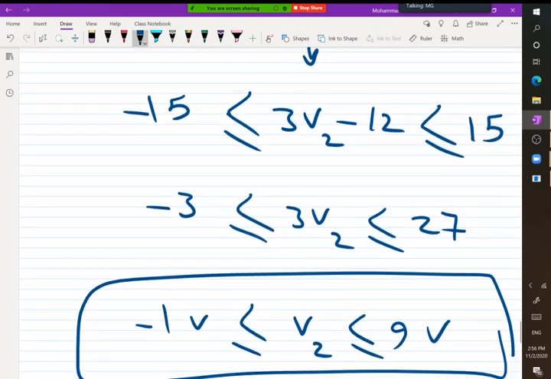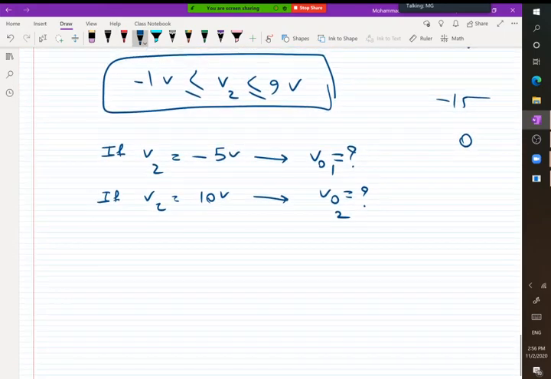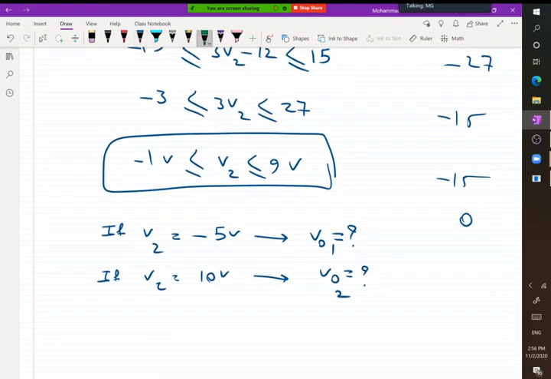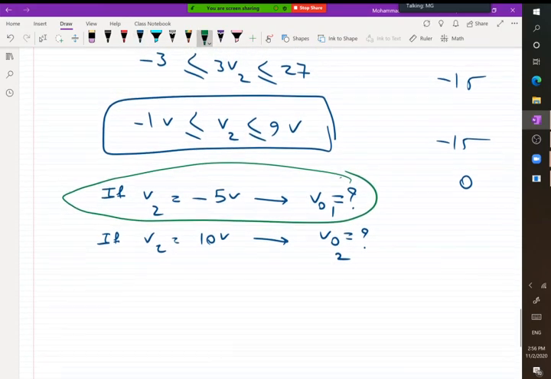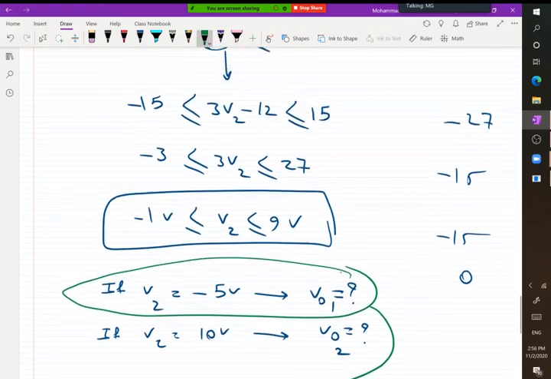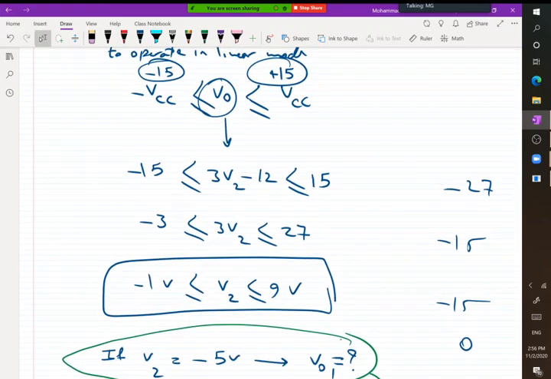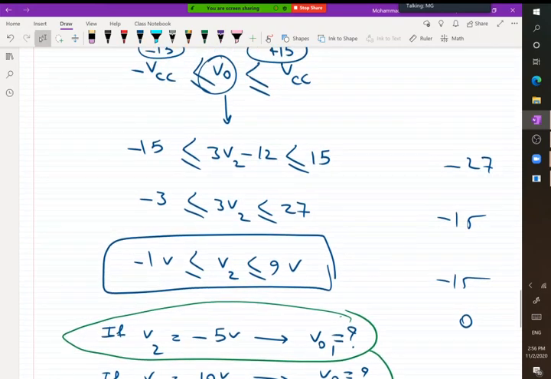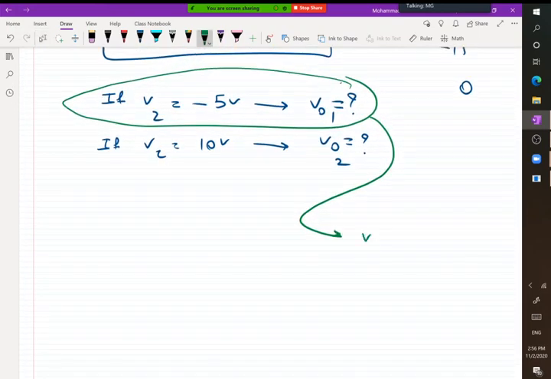If you calculate VO for part 1, I'm talking about this part, and as you said, V2 is supposed to be negative 5, so VO is supposed to be negative 27, but it's not allowable.